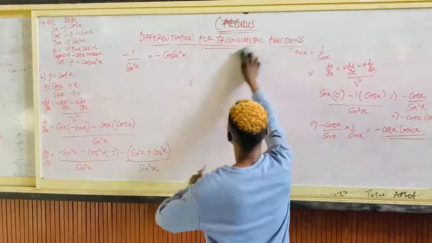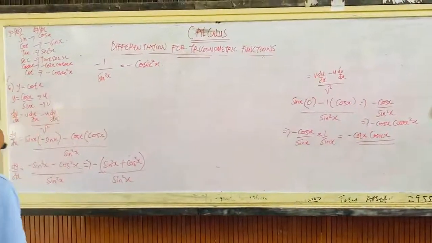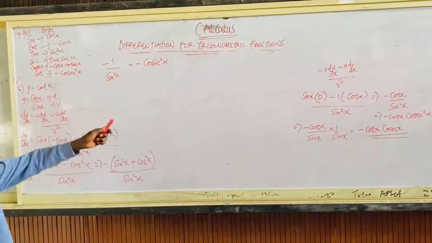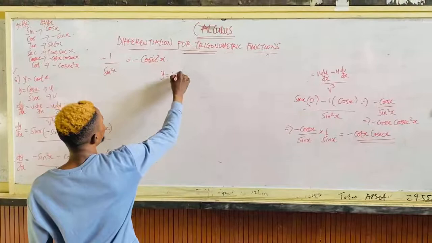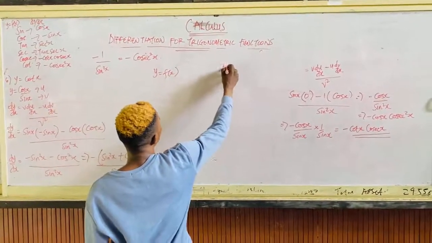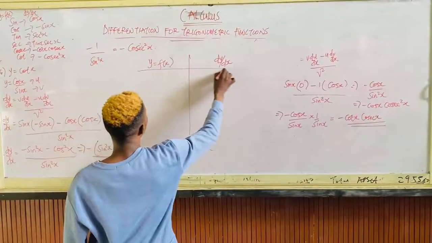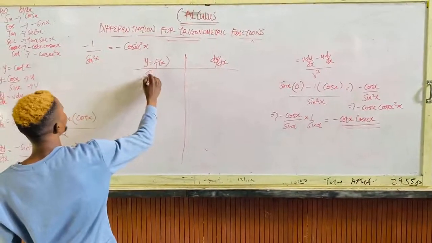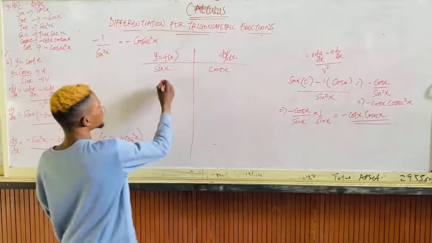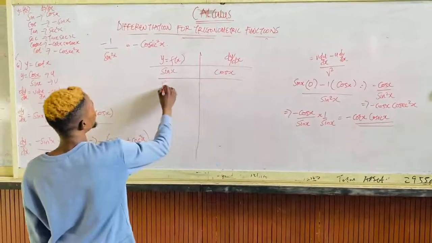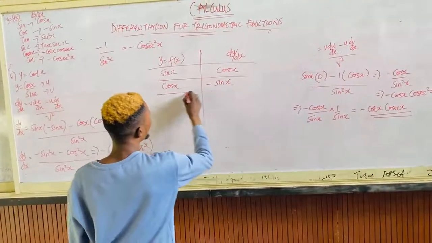So I can then write in tabular form the 6 trigonometric functions and their derivative coefficients. If you differentiate sin x, you get cos x. If you differentiate cos x, you get minus sin x.